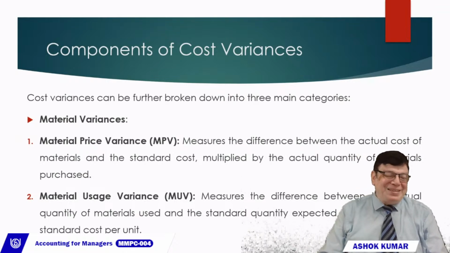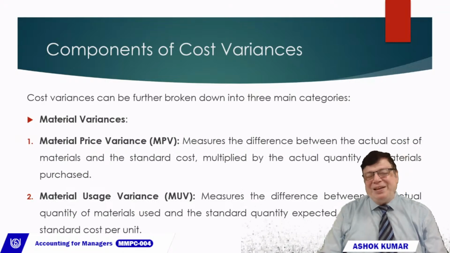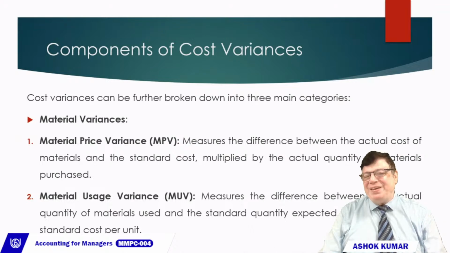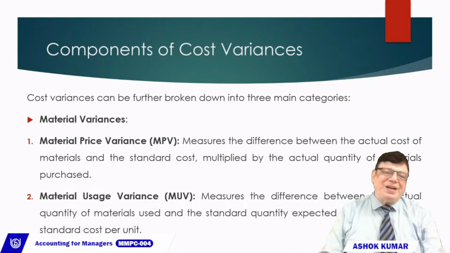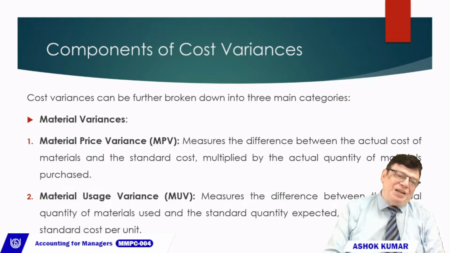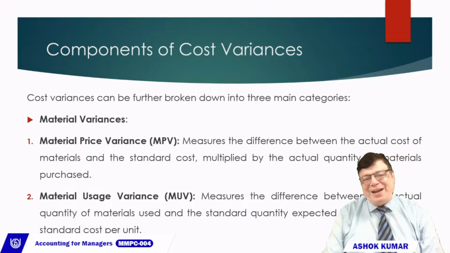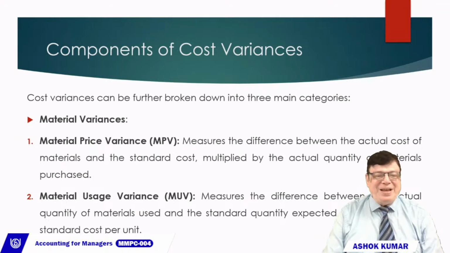Then next is material usage variance. The material price variance is MPV. Material price variance, in short we write MPV. Material usage variance, in short we write MUV. It measures the difference between the actual quantity of materials used and the standard quantity expected, multiplied by standard cost per unit.